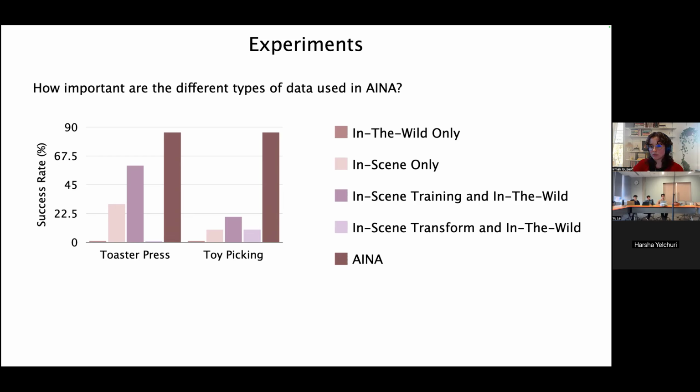If you take a look at, for example, here, in the wild only is the light brown. Both of these tasks fail pretty badly. Here, to align the domains in the in the wild only, I used what I mentioned before: I got all of the points with respect to the RGB frame, and then shifted them to the center of the operation space by measuring the distance from the RGB to the center of the operation space.